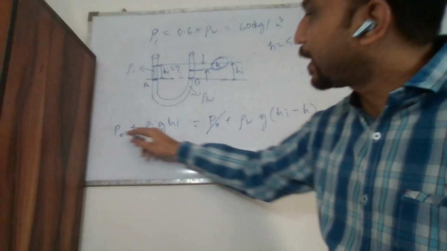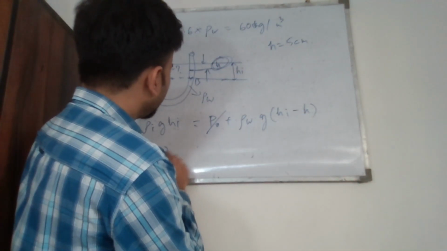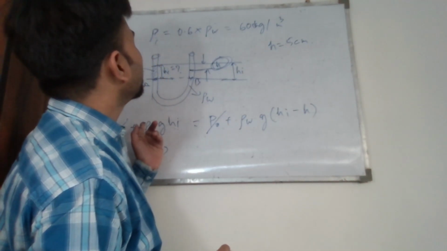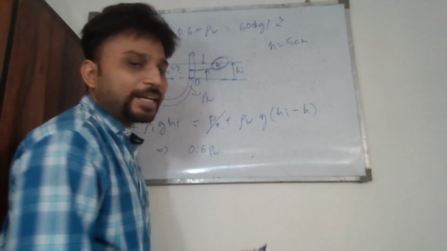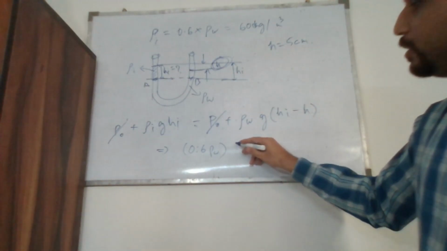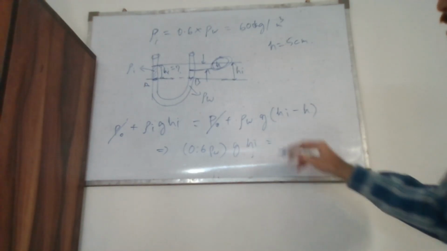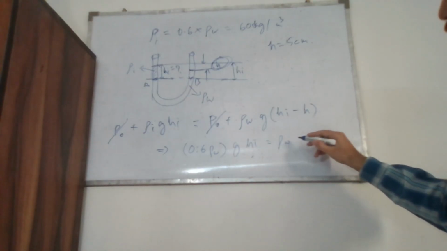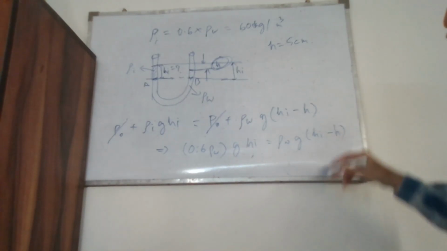So let's plug in the values again. Atmospheric pressure gets cancelled out, so it does not affect our equation. But the density of the ink is 0.6 times that of water. We can directly write this as 0.6 times density of water, g, HI, which we have to find, is equal to density of water, g, into HI minus h.